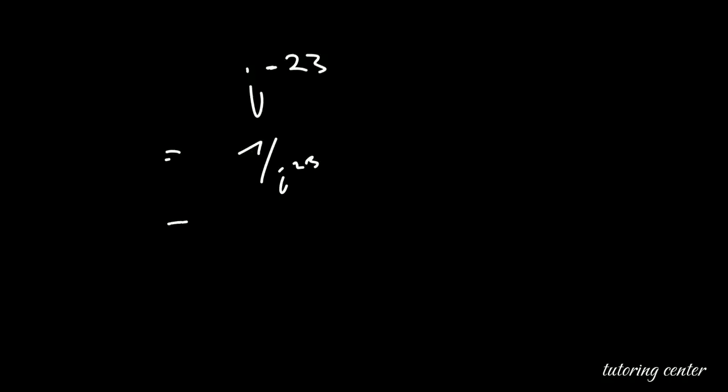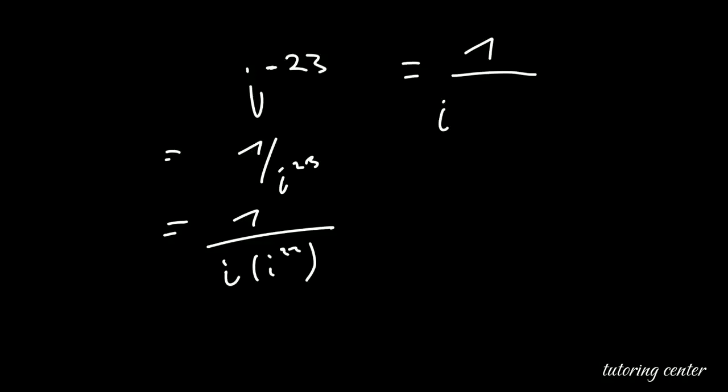With odd powers, we first factor out i, and what is left is i to the power 22. So continuing, we get 1 over i times i to the power 22. We factor out i squared because 22 is an even number, and we get an 11 here, which is an odd number.